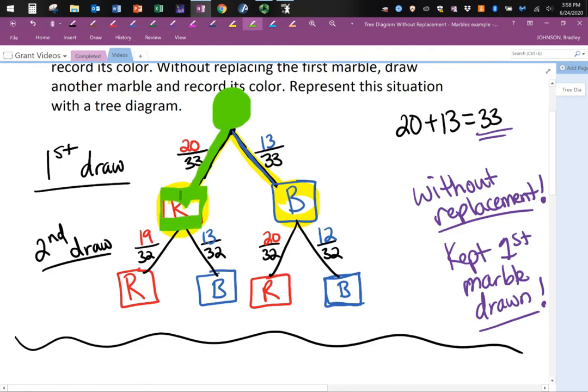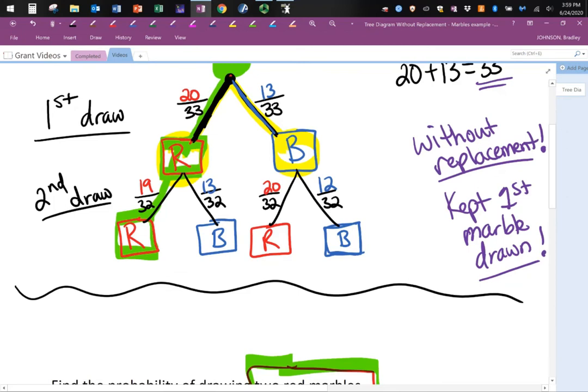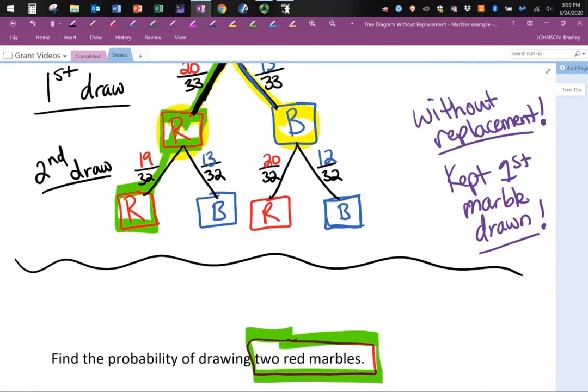First draw, we get a red, and then second draw, we get a red. So we're following that pathway. We will multiply the 20 out of 33 times the 19 out of 32. So we just multiply through the path, and we will simplify that fraction.